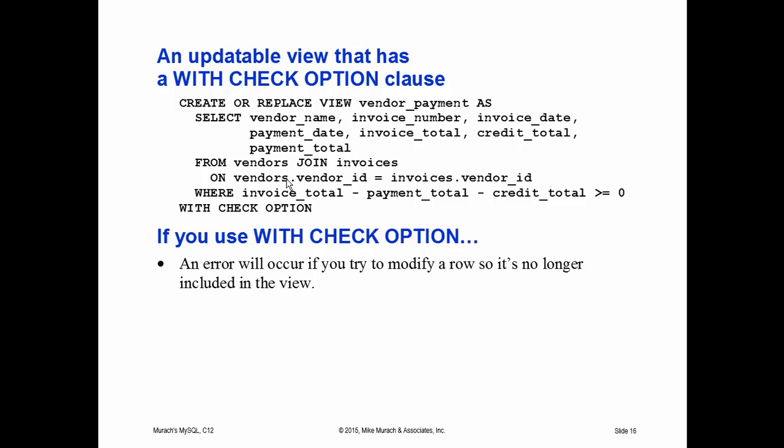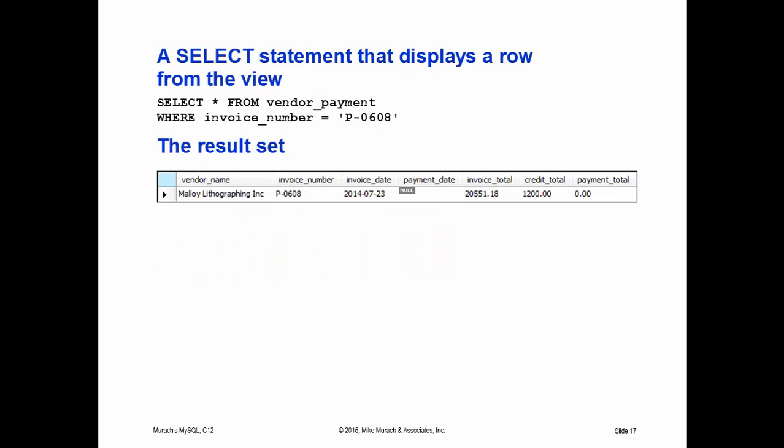That prevents an update if it causes the row to be excluded from the view. So as it says, if you try to modify a row so that it's no longer included in the view and you have the with check option, it's a way to, for lack of better words, protect yourself from yourself.